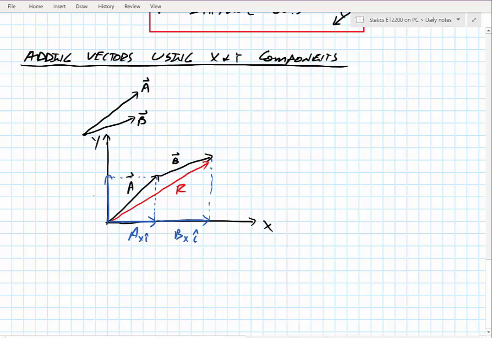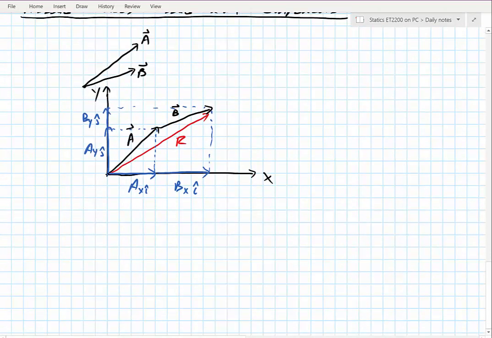Same thing with the y: I have A_y j hat, and following B on over, I end up with B_y j hat. For this resultant, if I add up my x's, I get my total resultant in the x. Add up my y's, I get my total resultant in the y.